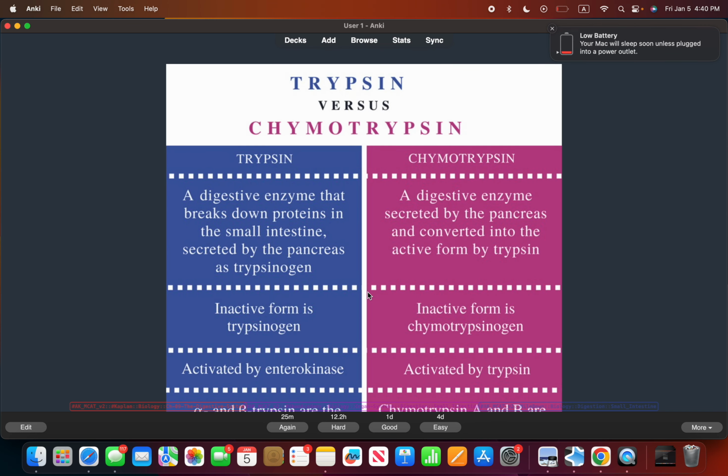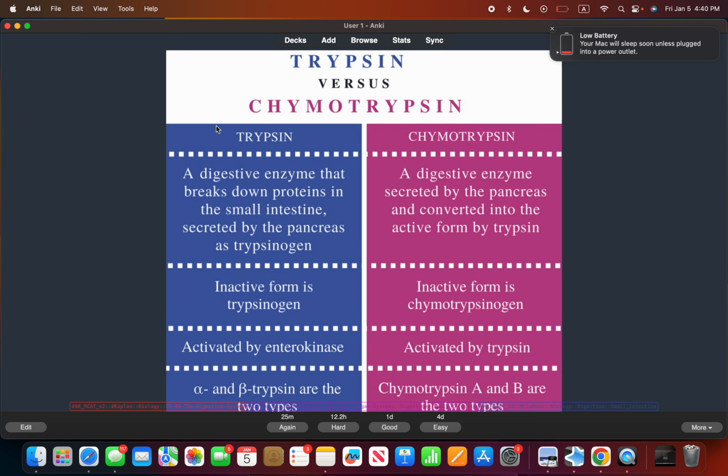Trypsin versus chymotrypsin. Trypsin is a digestive enzyme that breaks down proteins in the small intestine, secreted by the pancreas as trypsinogen. Chymotrypsin is also a digestive enzyme secreted by the pancreas, the same thing, and converted into the active form by trypsin.